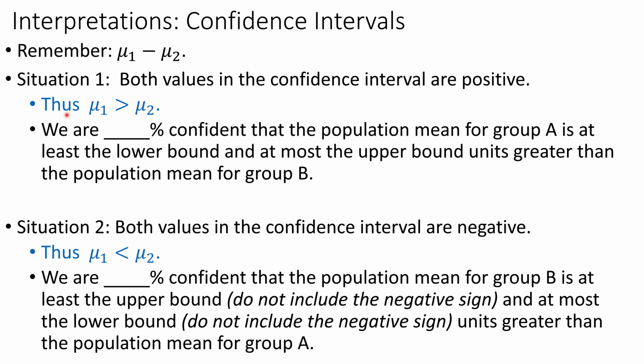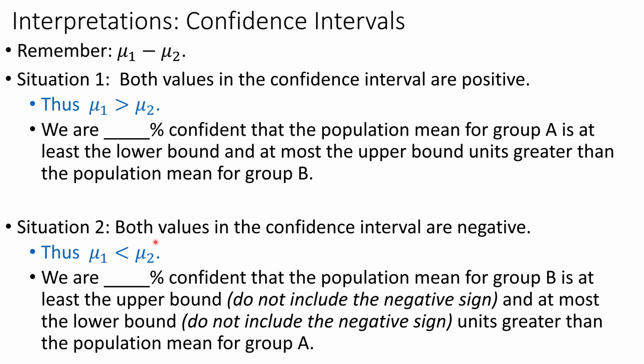Hence, we conclude that mu1 is larger than mu2. So you can write that we are either 99%, 95%, or 90% confident that the population mean for group A is at least the lower bound and at most the upper bound units greater than the population mean for group B.